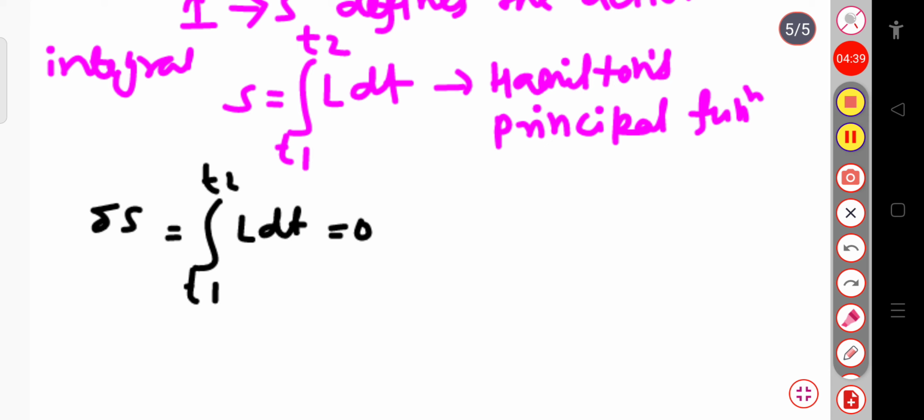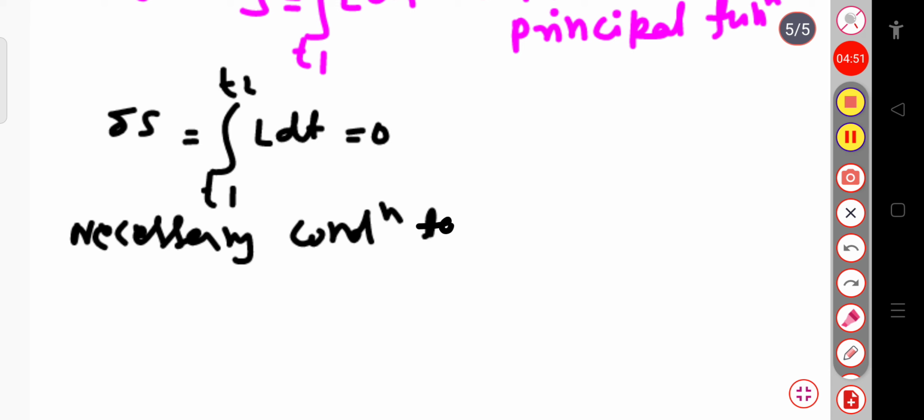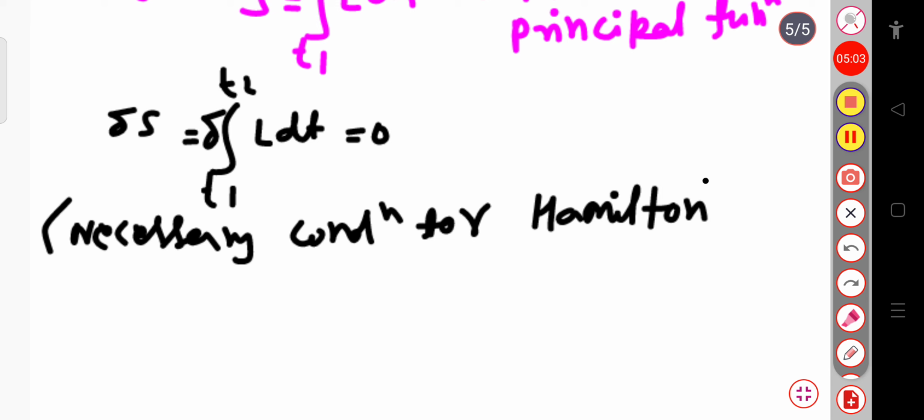You should note that this is the necessary condition for Hamilton's principle, that is, delta S to be 0, or delta of the integral of L dt equal to 0.